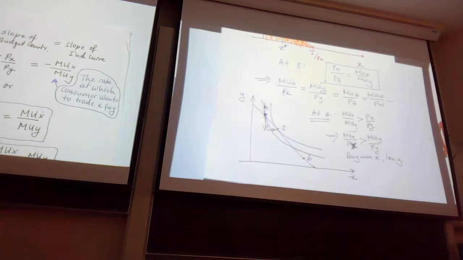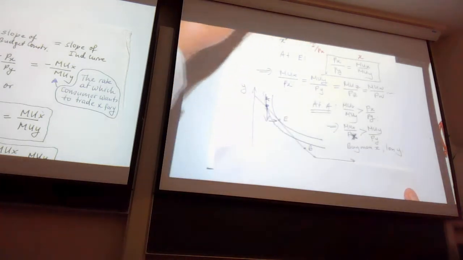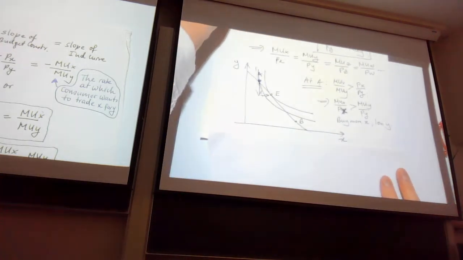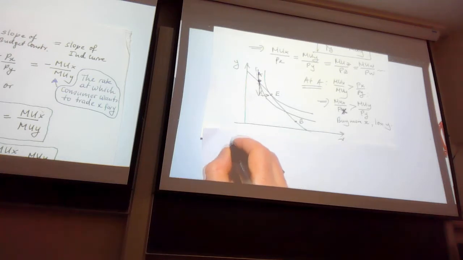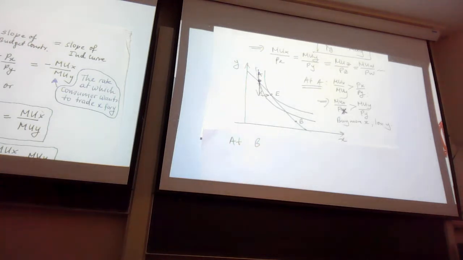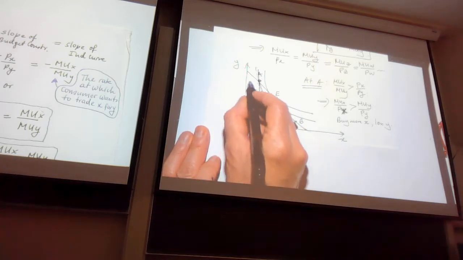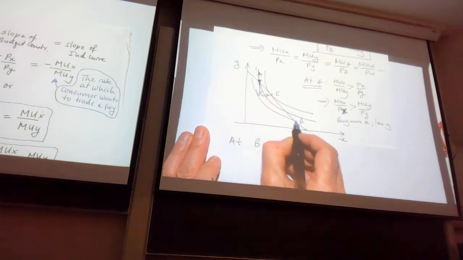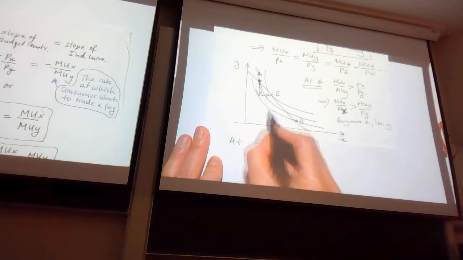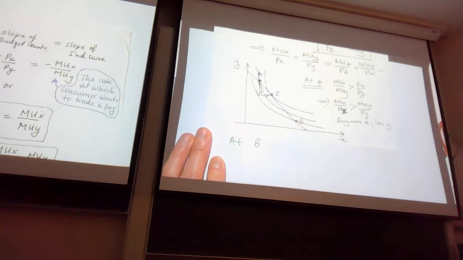If instead you would be at a point like B, I can continue with this application. What happens at B? Again, you are down here, there's some indifference curve that goes through point B. It's clearly a lower indifference curve than the optimal one, it's not the highest you can reach. So you're not maximizing utility, you know that.